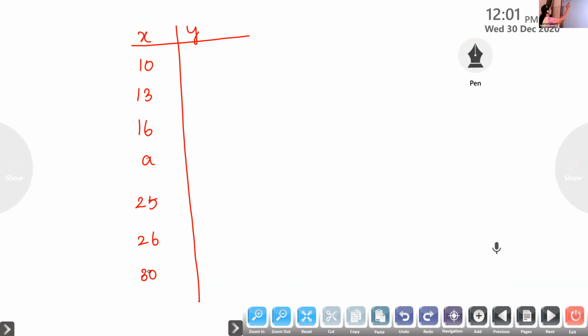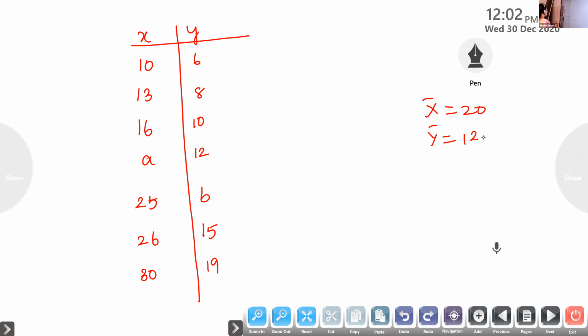And y values are given like this: 6, 8, 10, 12, B, 15, 19. Also, it is given x bar is 20 and y bar is 12.